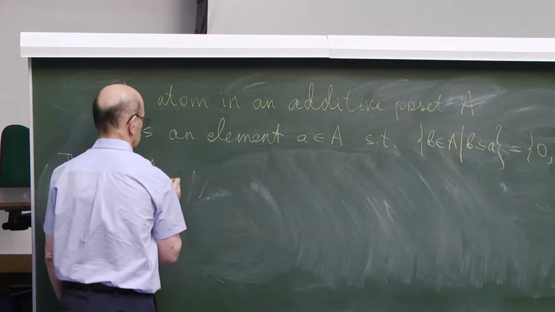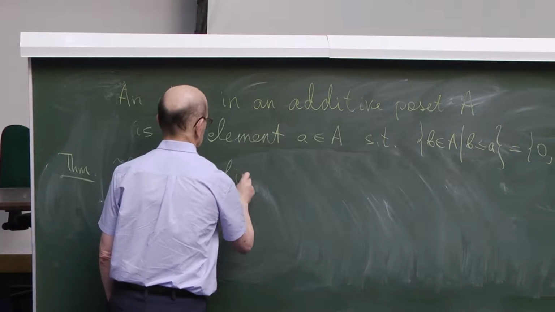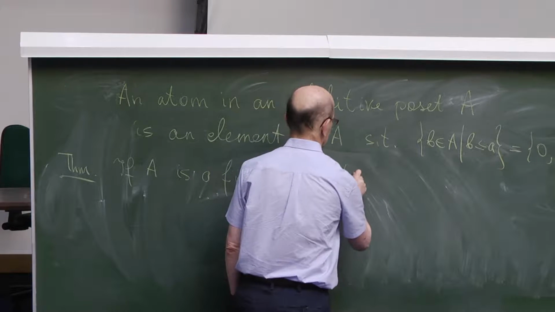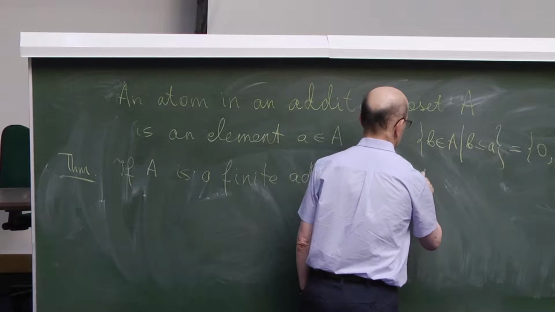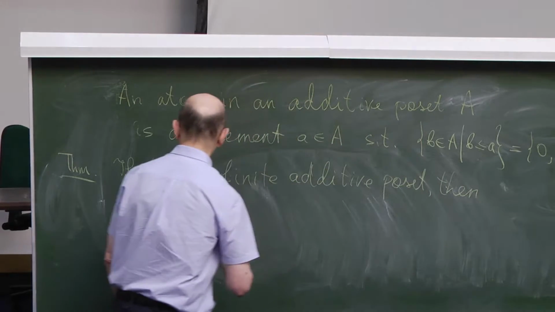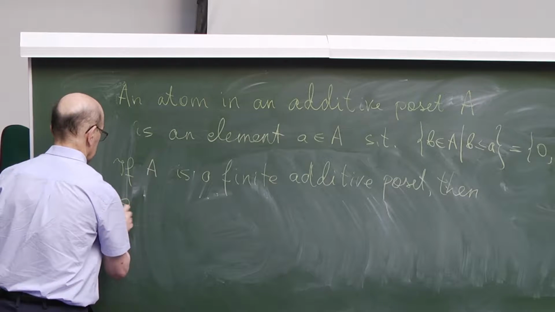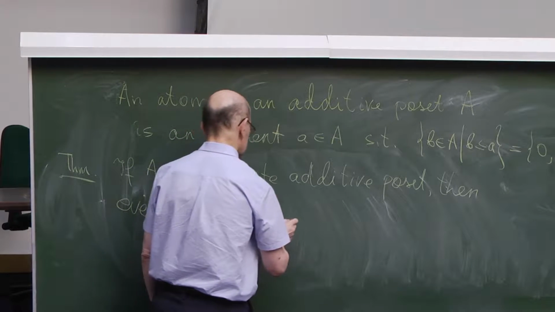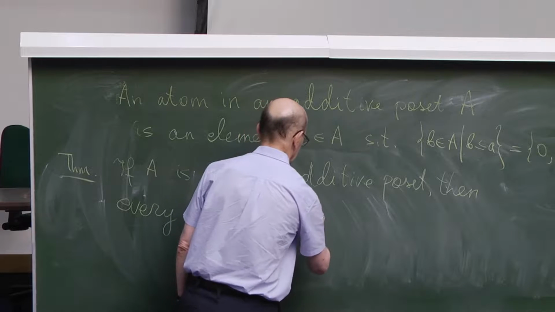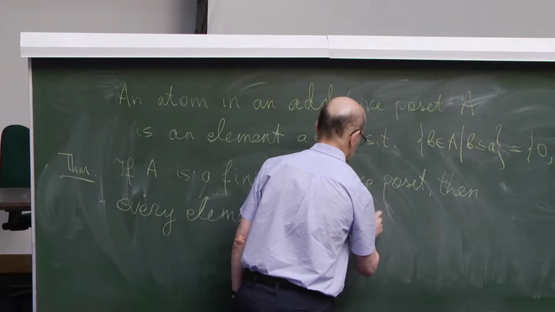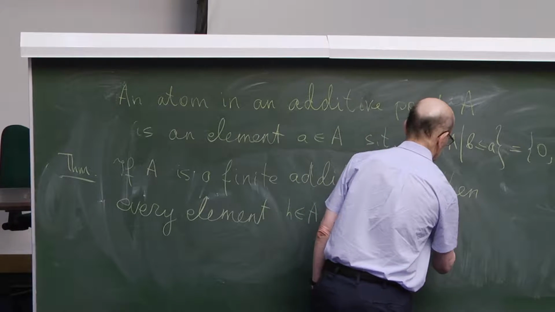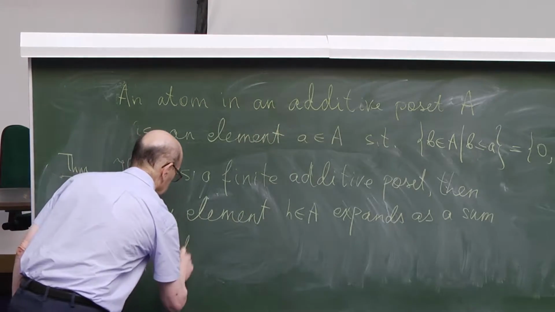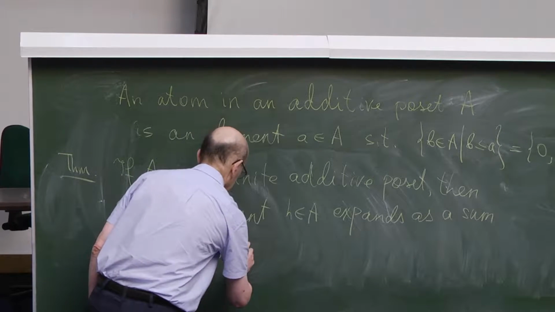If A is a finite additive poset, then every element H of A expands as a sum of atoms in a canonical way.